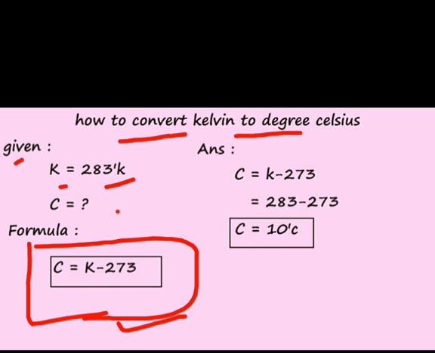Now put the values in this formula. C equals K minus 273. The value of K given here is 283, so 283 minus 273. We find 10 degree Celsius.